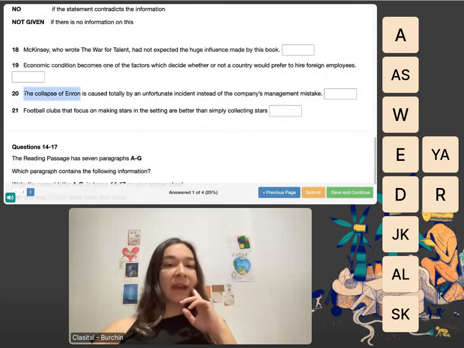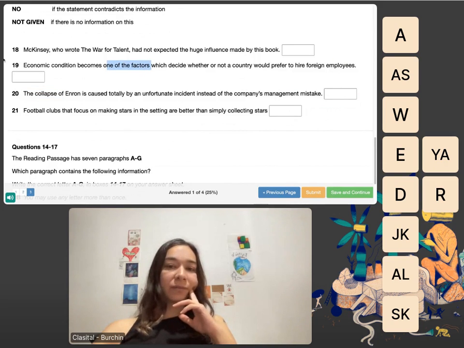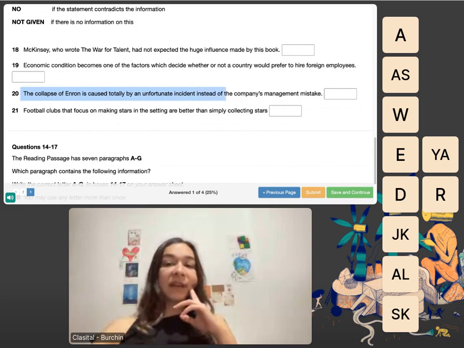The collapse of Enron, and it says here, one of the factors. The collapse of Enron is caused totally by an unfortunate incident instead of company's management mistakes.